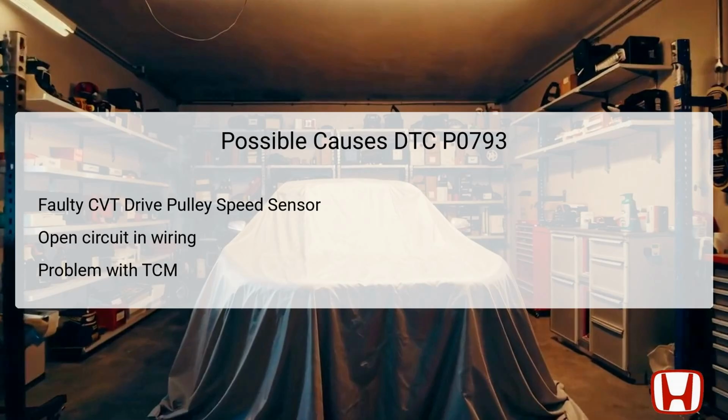Additionally, there could be a malfunction within the TCM itself, which might misinterpret valid signals or not process them correctly, leading to erroneous error codes. Each of these causes necessitates thorough investigation to pinpoint the actual fault, preventing accurate sensor readings.